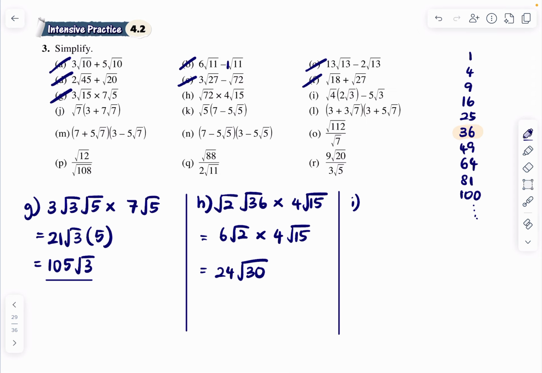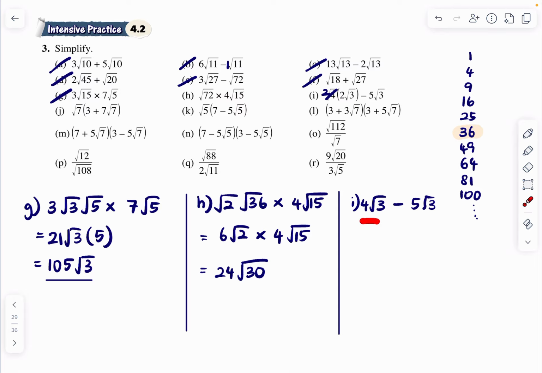Next, I, we have surd 4 outside, so we have to expand it inside. So basically surd 4 is just 2, right? So 2 times 2 surd 3 is 4 surd 3 minus 5 surd 3.